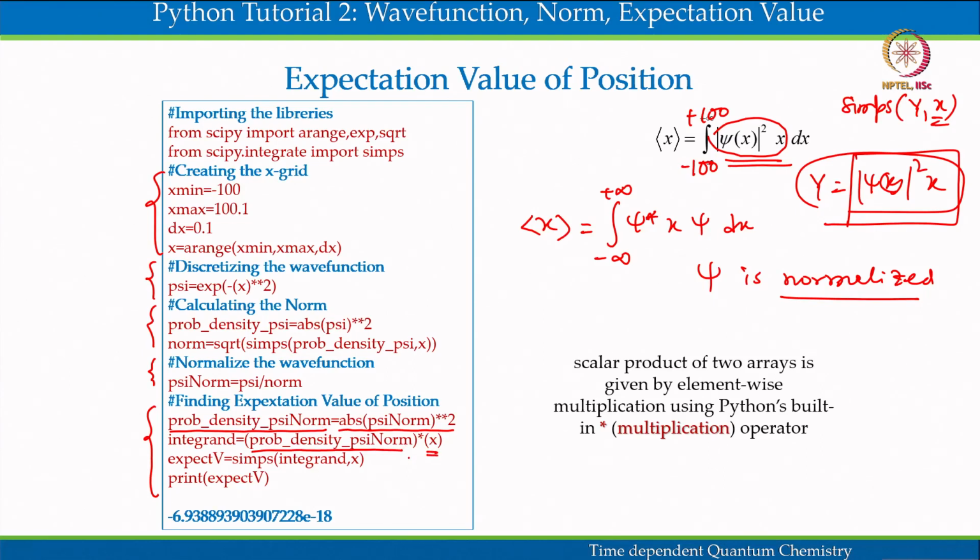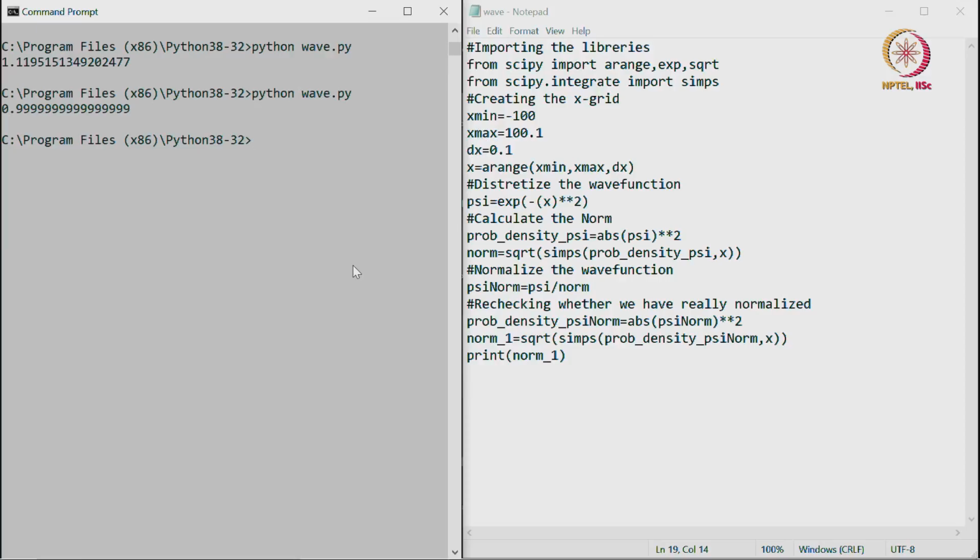We get the integrand, and then the expectation value is going to give me the integration part, where y is this entire integrand, and then we'll print the expectation value. So this part is a little new, others are known to us. So we'll move to the laptop and we'll write down the program.